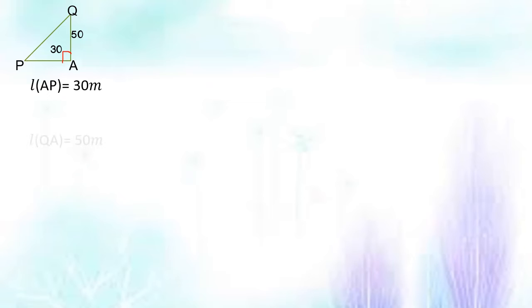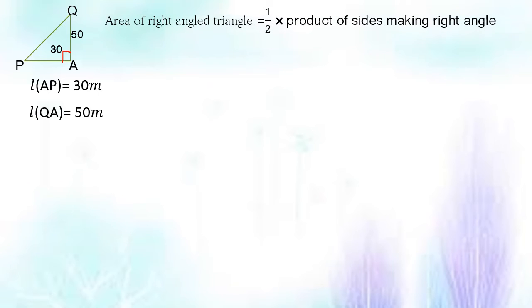So let's come to this figure. Now first of all, see here, first triangle PAQ. It's a right angle triangle where measure of angle A is 90 degrees, right? Now length AP is given, that is 30 meter. Length AQ is given 50 meter. This is the right angle triangle. So area of a right angle triangle is equal to half into product of sides making right angle. So which are the sides?